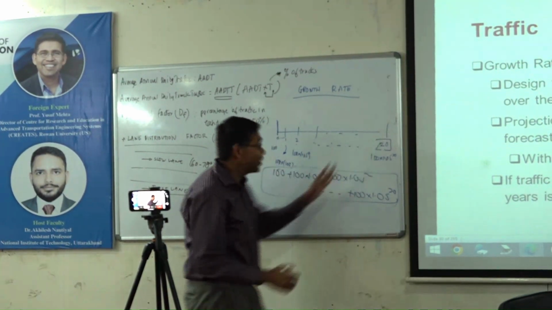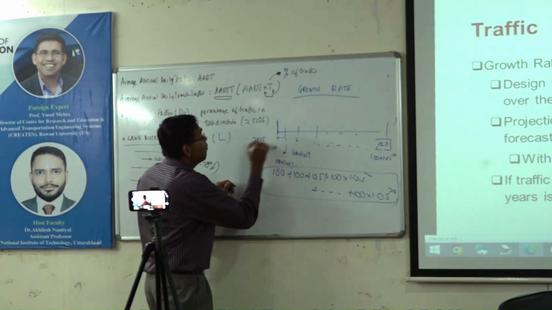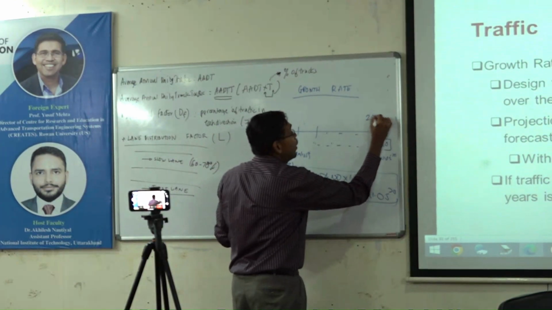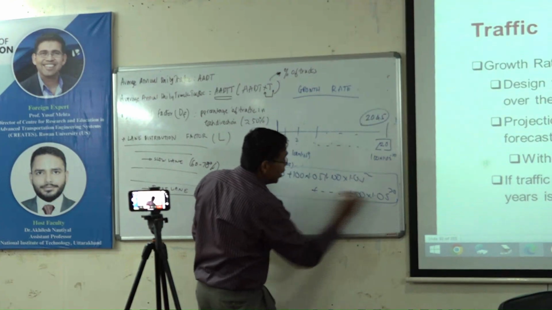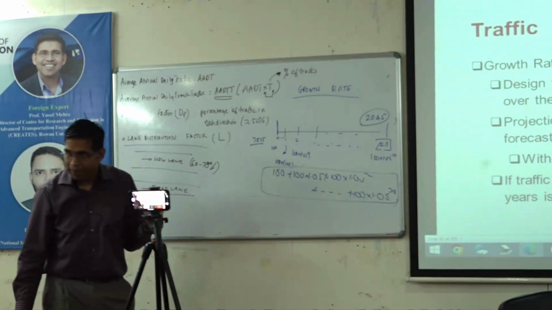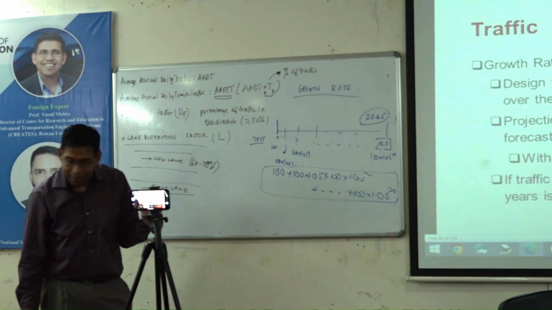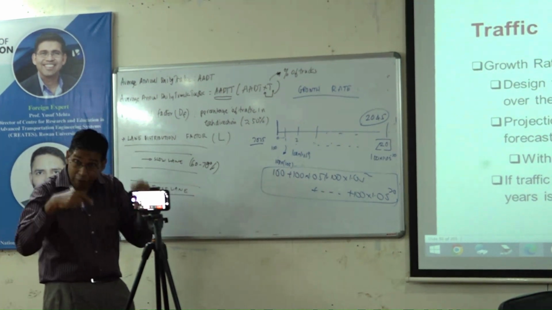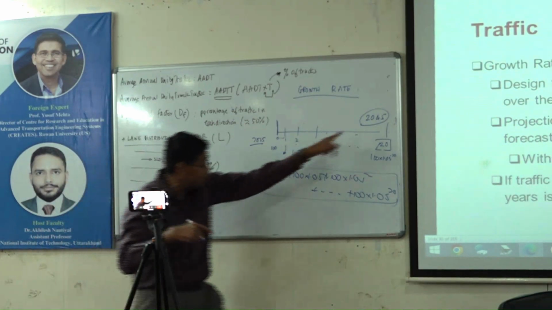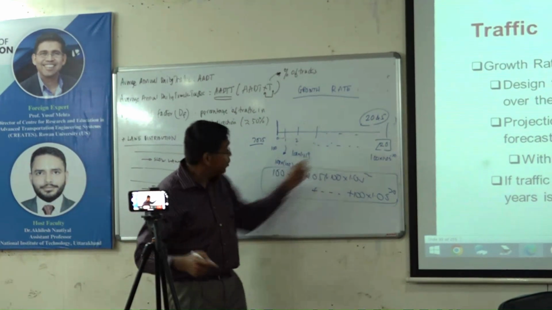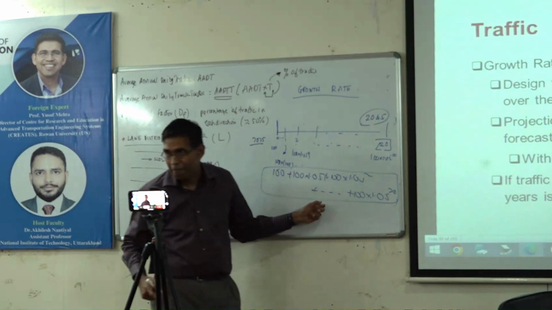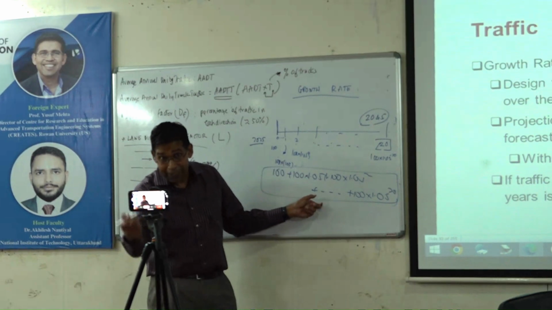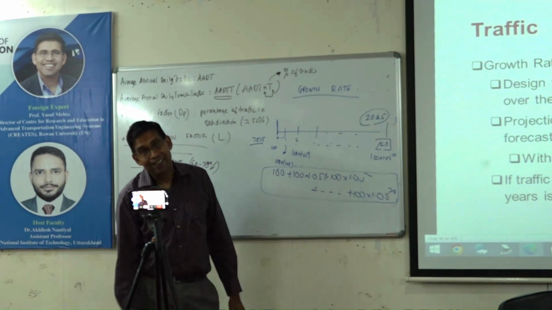Let's say I constructed it in 2025. My traffic coming by 2045 is the summation of all this. All of that is coming in the next 20 years. If my roadway has to last until 2045, it has to last for all of this, not only the 20th year.